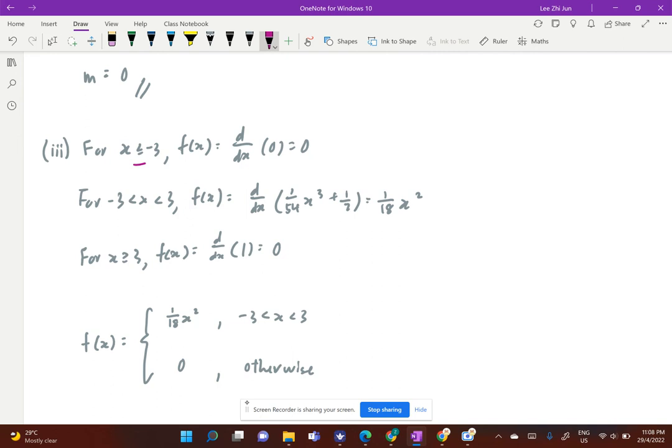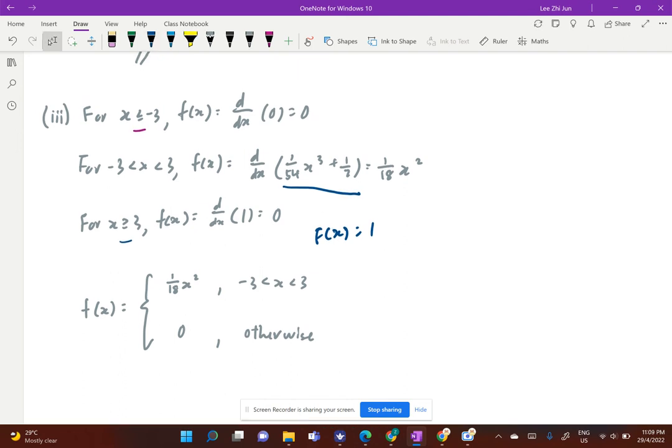So for x larger than negative 3, smaller than 3, I differentiate 1 per 54 x cubed plus 1 per 2. So differentiate, I'll get 1 over 18 x squared. For x larger or equal to 3, F(x) equal to 1. So differentiate 1 will be 0.